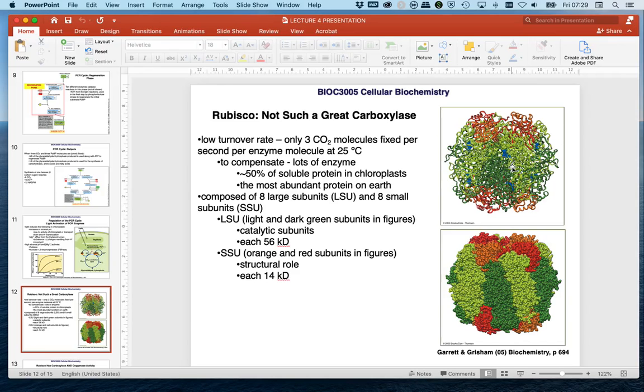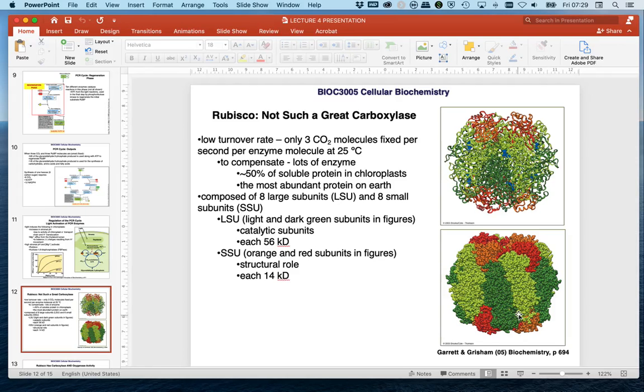Each of those large subunits is about 56 kilodaltons. The small subunits are represented by the orange and red parts of the diagram, and the small subunits are not involved in catalysis, but they perform a structural role, keeping the holoenzyme together and allowing it to function. And each small subunit is about 14 kilodaltons in size.